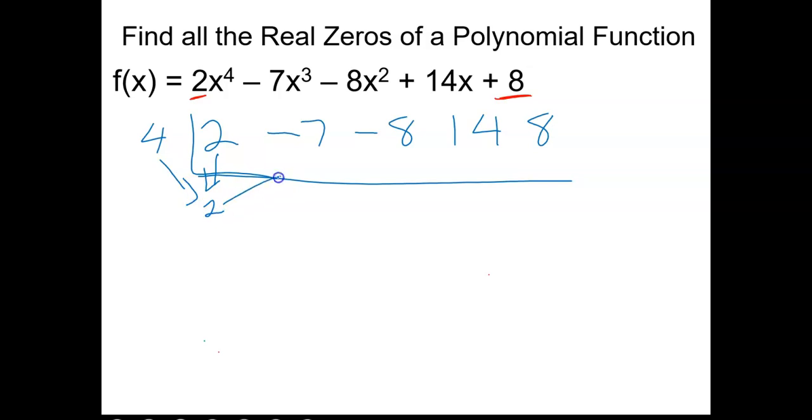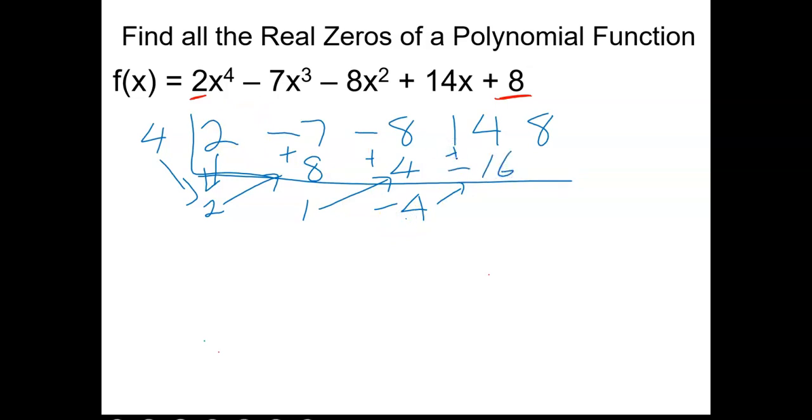So we know how it goes. 2 times 4 is 8. We add, we get 1. And then 4 times 1 is 4. We add, we get -4. 4 times -4 is -16.